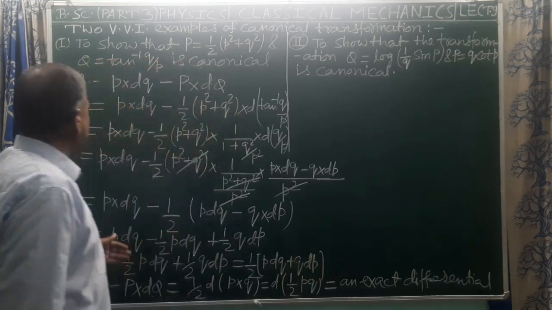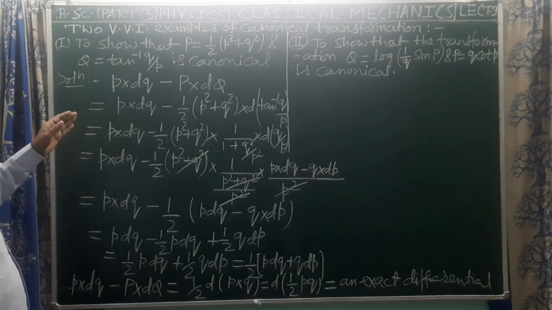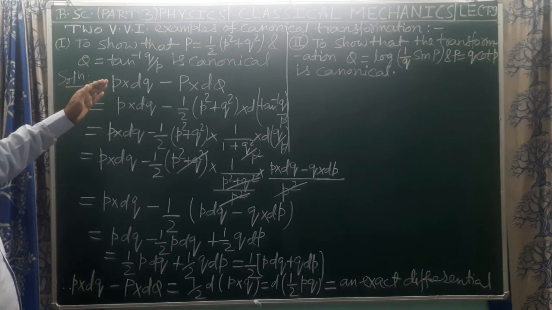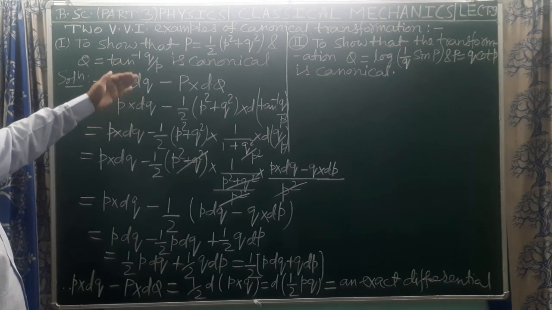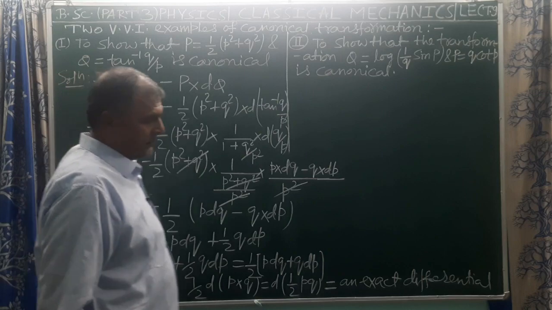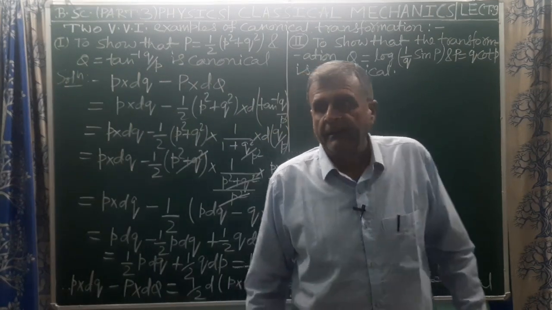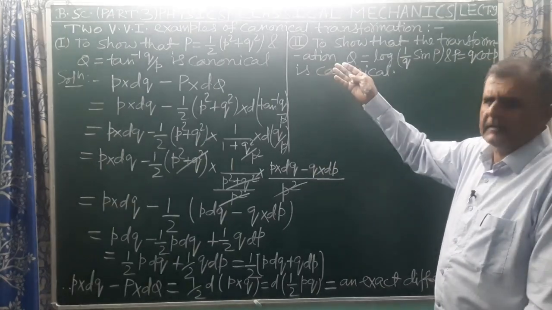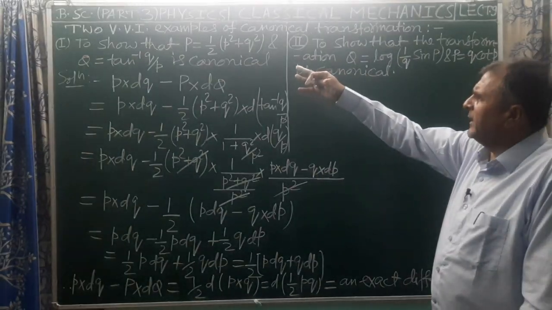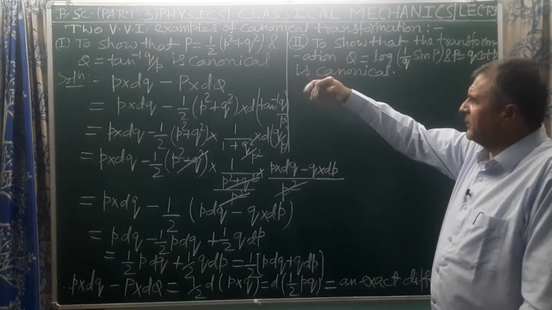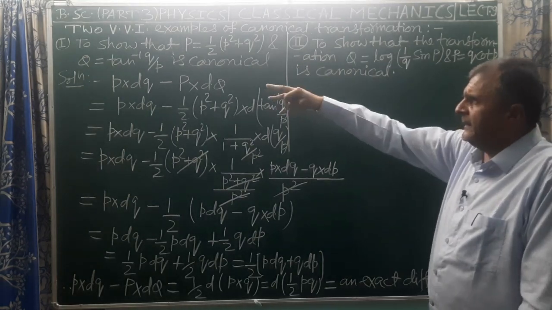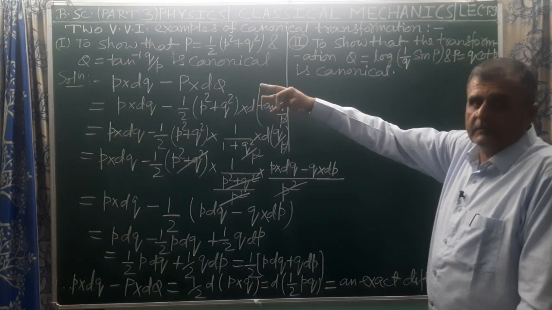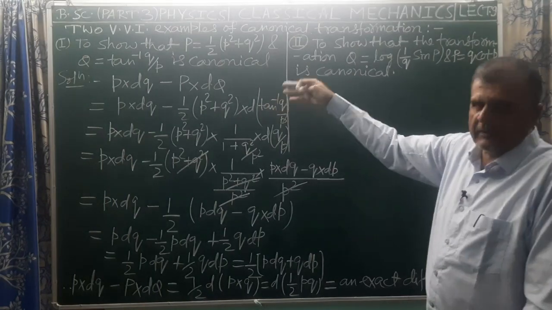So the given transformation, capital P equals 1 by 2 under bracket small p square plus small q square, and capital Q equals tan inverse of small p upon small q, is canonical.